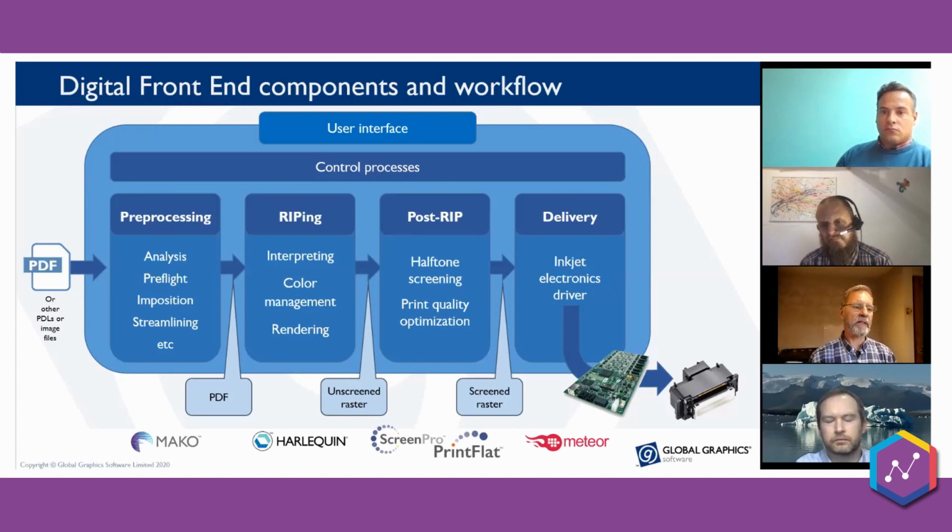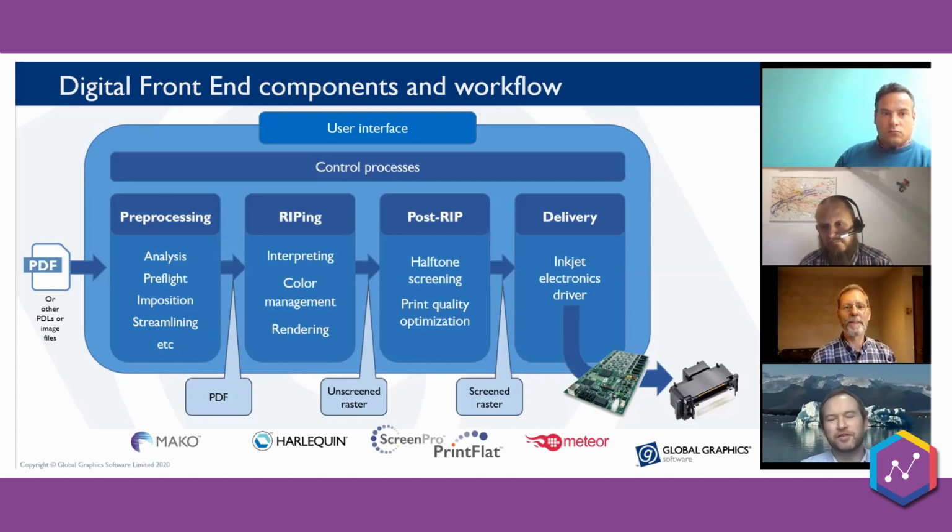Now, obviously, that includes interpreting the PDF file, which basically means reading it in and understanding it, doing color management, and then rendering, which is writing out into that grid of pixels. Now, it sounds very simple, but as far as I'm concerned, that's where the magic happens.